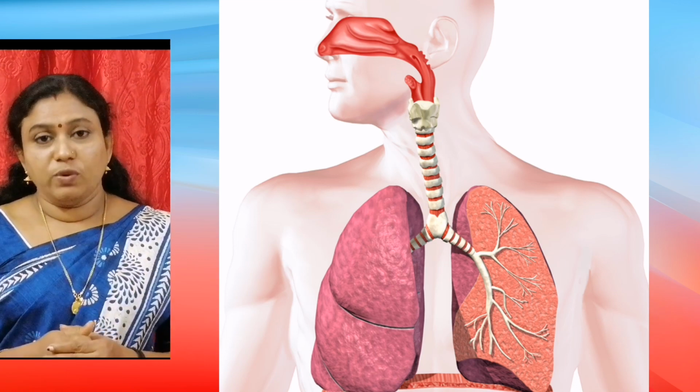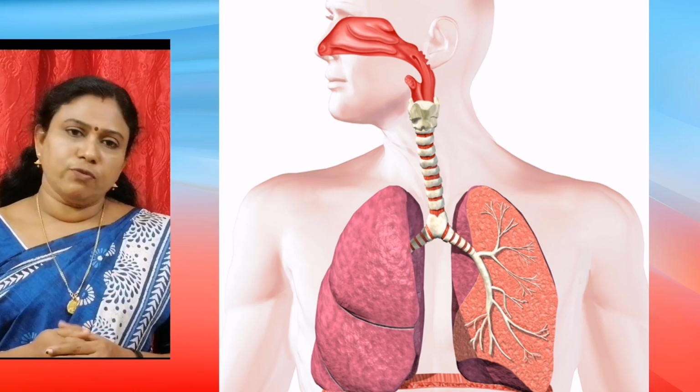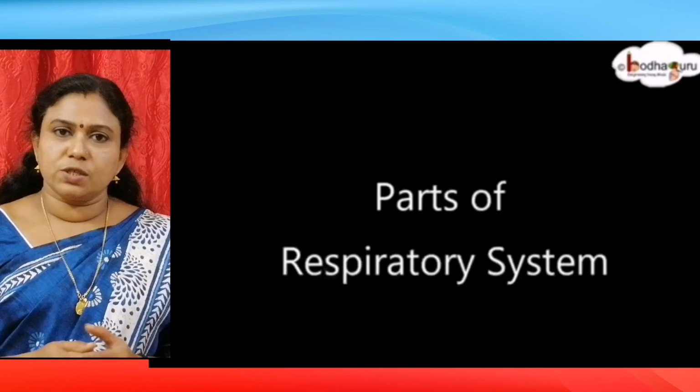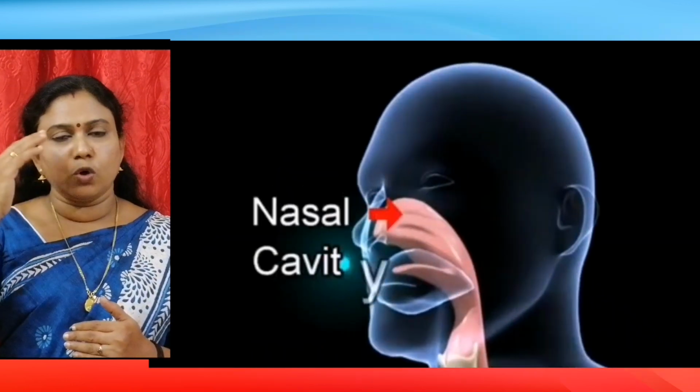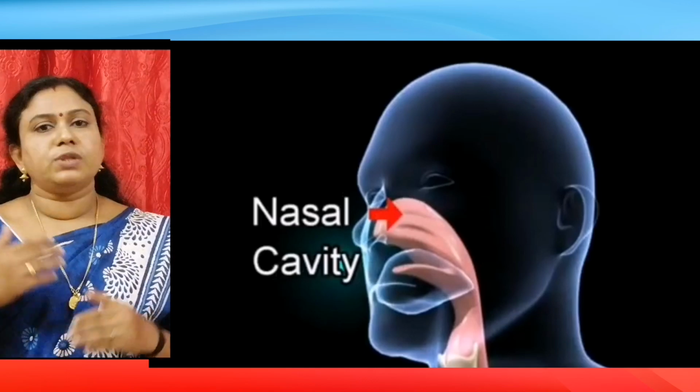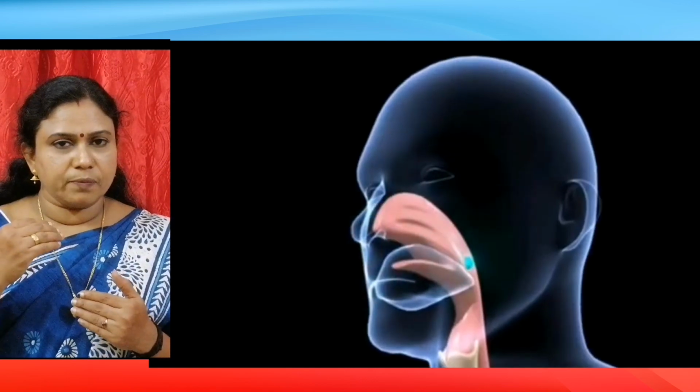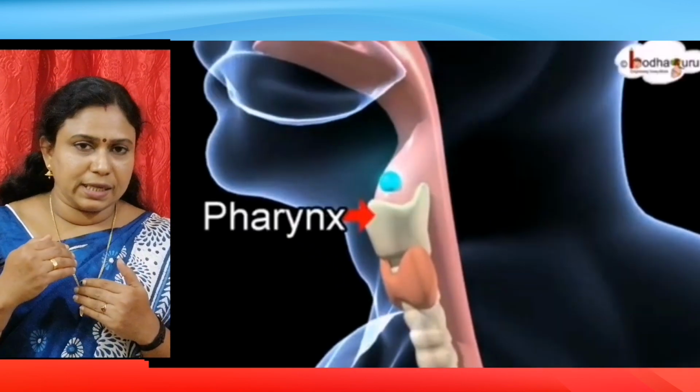You all know that we have a respiratory system for the exchange of gases, right? This consists of so many organs. It starts with our nostrils, and then the nostrils are followed by the nasal cavity. Then next is the pharynx, and the pharynx is followed by the larynx.